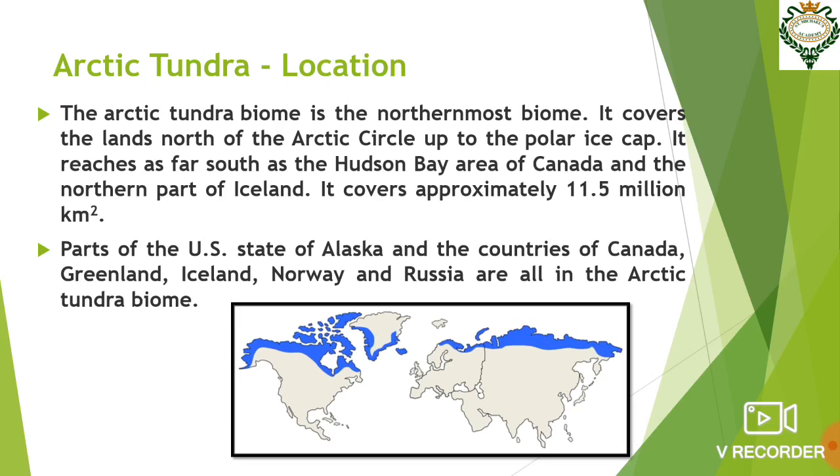It covers approximately 11.5 million square kilometers. So parts of the US, the state of Alaska, and the countries of Canada, Greenland, Iceland, Norway, Russia all are in the Arctic tundra biome.